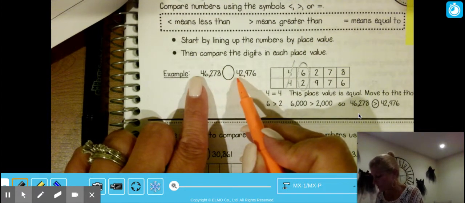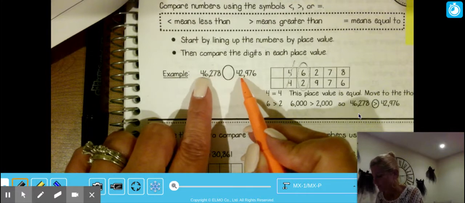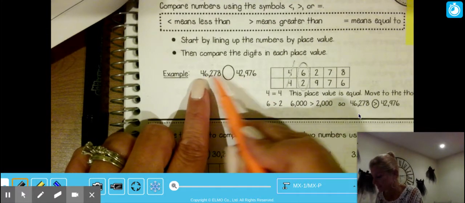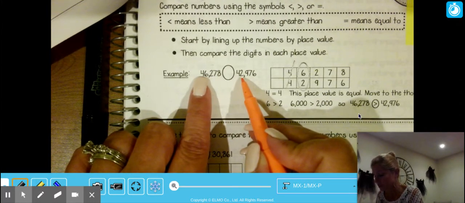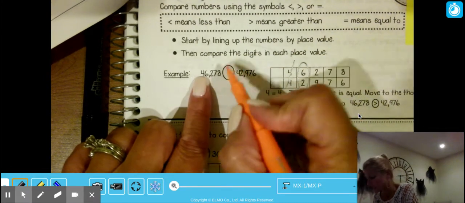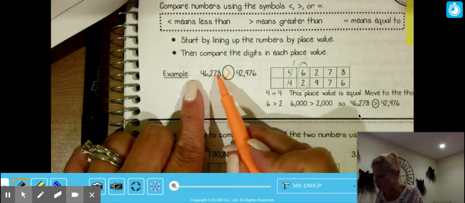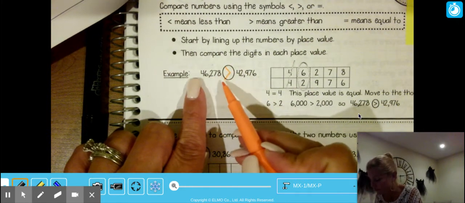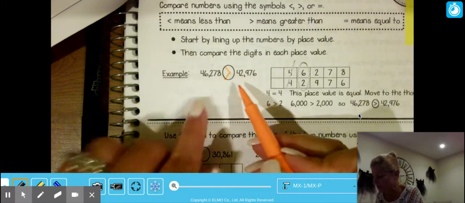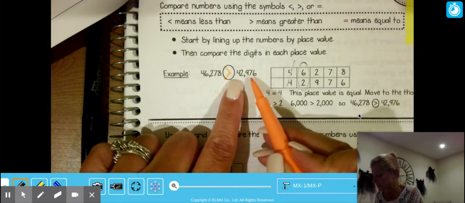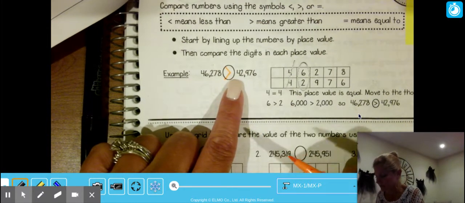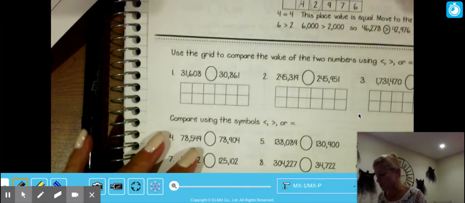So I can't compare there because they're the same. So now let's move over to the thousands. I have a 6 and a 2. Which one's bigger, a 6 or a 2? Oh, 6. So that makes 46,278 greater, the mouth eats the bigger number, than 42,976.